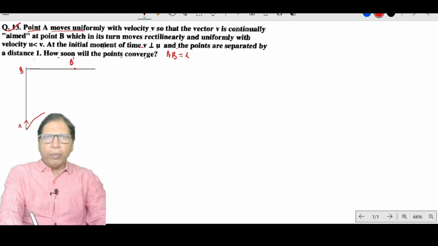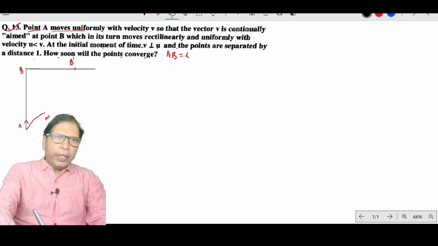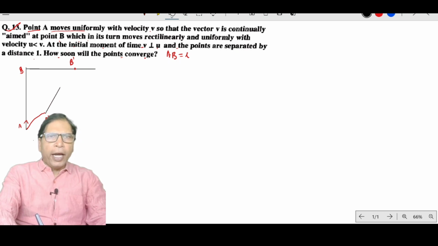So look at this. The direction of A when it is at A dash is directed towards B dash, along this direction. Suppose this angle is alpha.